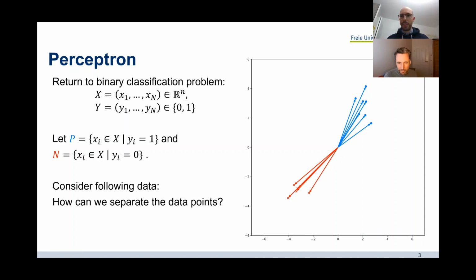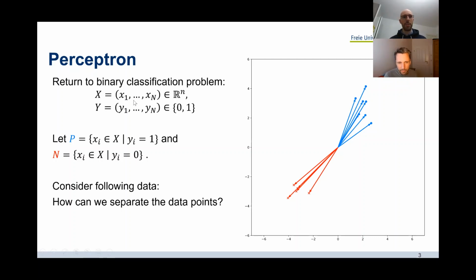Let's do a quick recap of the binary classification problem, because that's the problem we're trying to solve with the perceptron. We have data x with data points x1 to xn from a real vector space, and corresponding labels y1 to yn, which are binary, so they can be either 0 or 1.